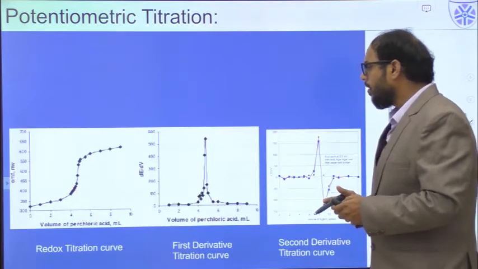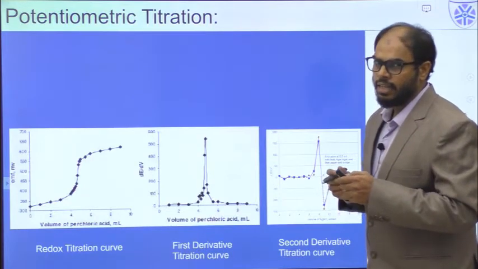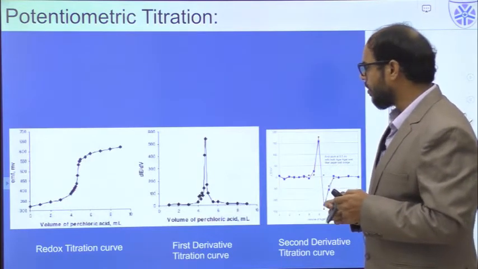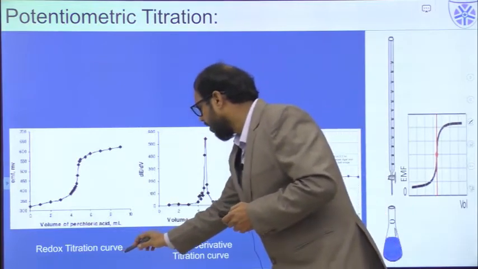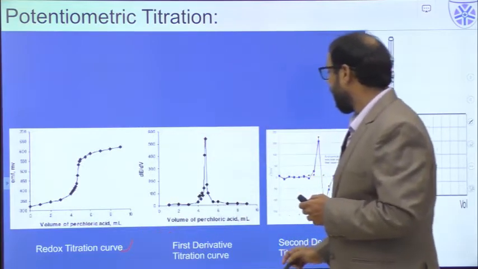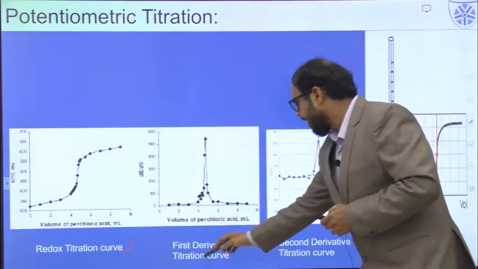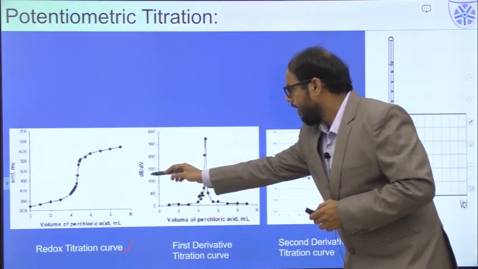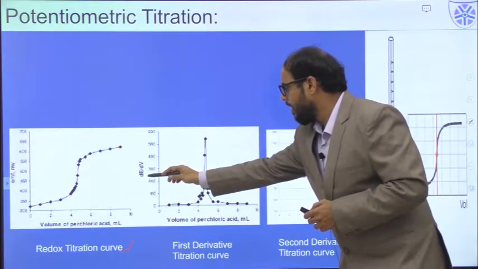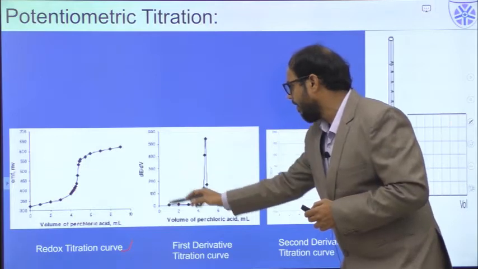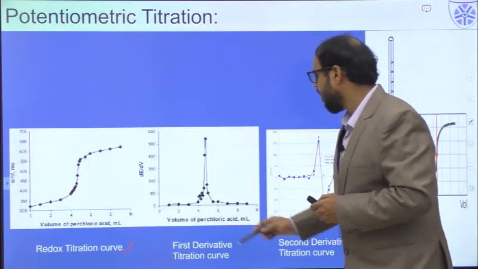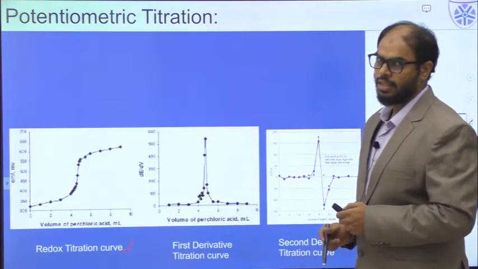And if we want to know the exact equivalence point, instead of a regular titration curve, we can also have a first derivative titration curve, where we take delta E by delta V on the y-axis and the volume of the titrant on the x-axis.